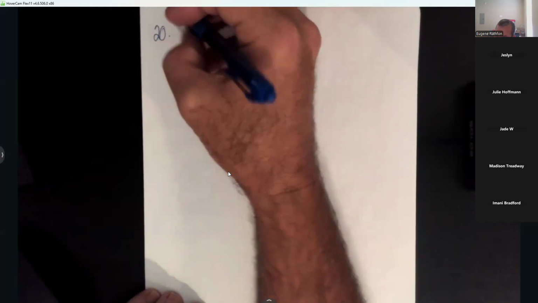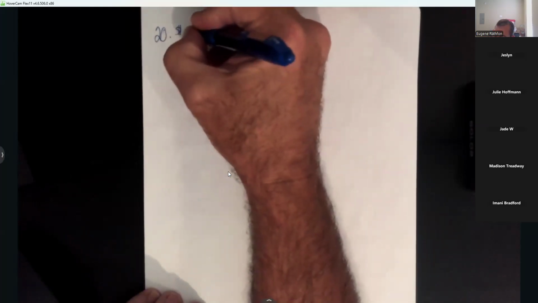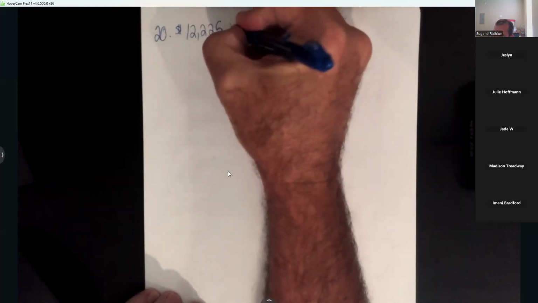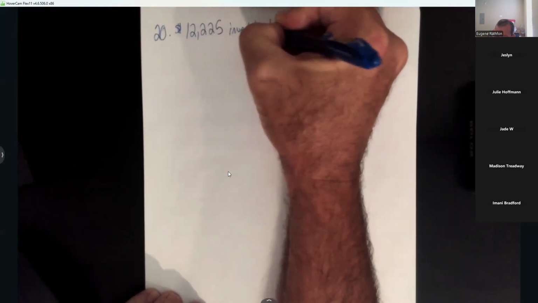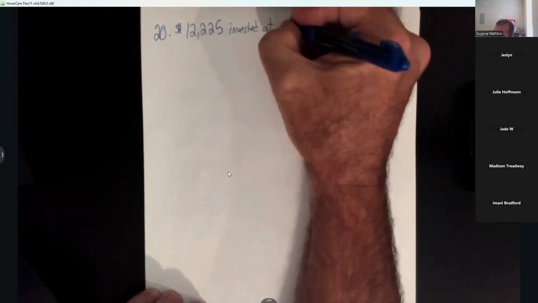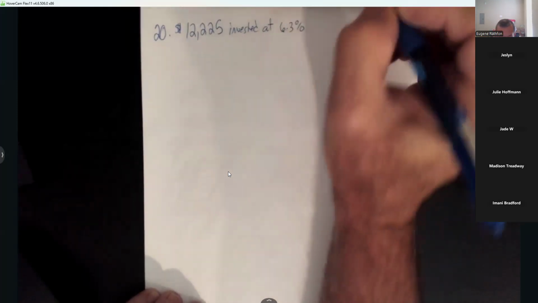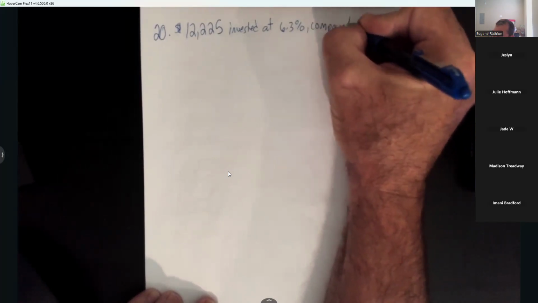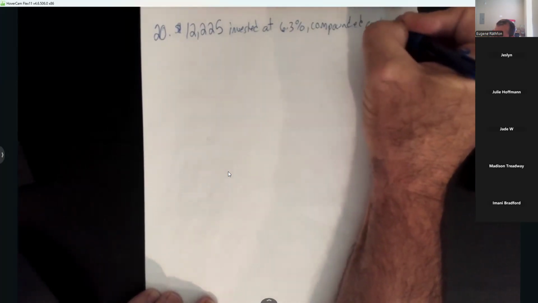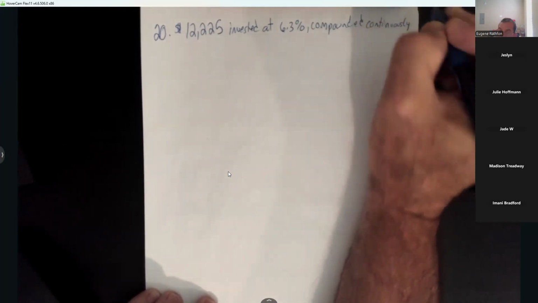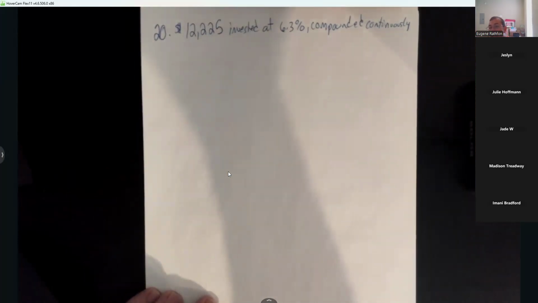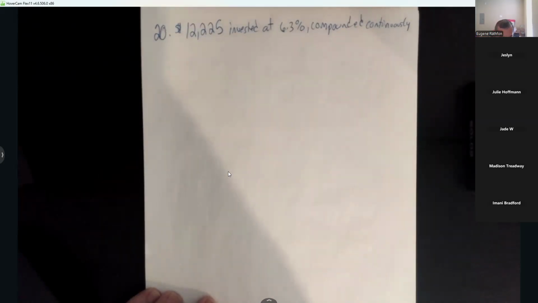So they're telling me that 12,225 is invested at 6.3% per year, compounded continuously. So since it's continuously, we can't use the formula a while ago where I had the A times the 1 plus R over N. That formula won't work on this one.